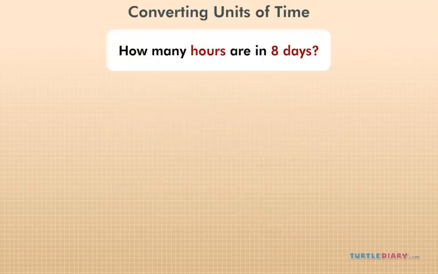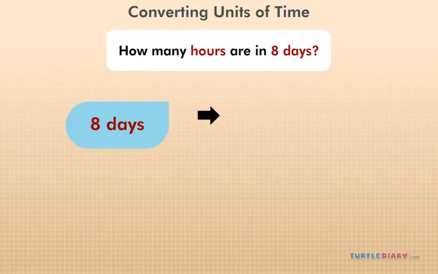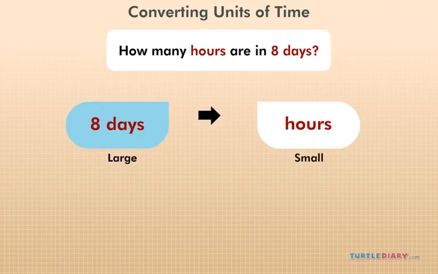Examples. How many hours are in 8 days? We want to convert 8 days into hours. Days are larger than hours, so since we are going from large to small, we must multiply. But multiply by what?